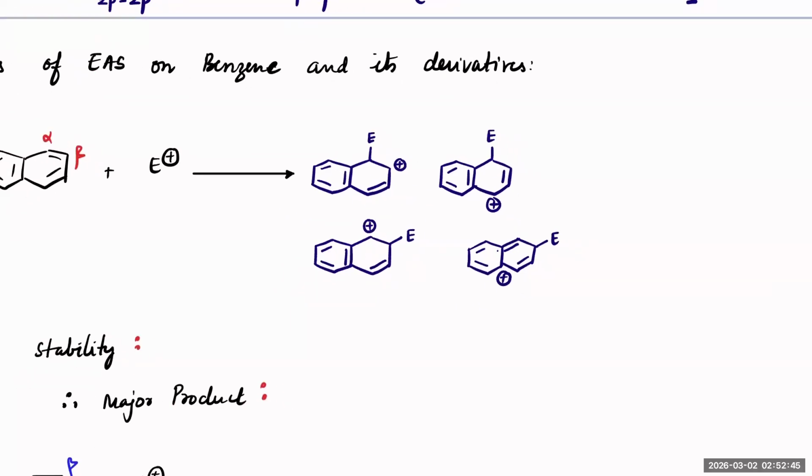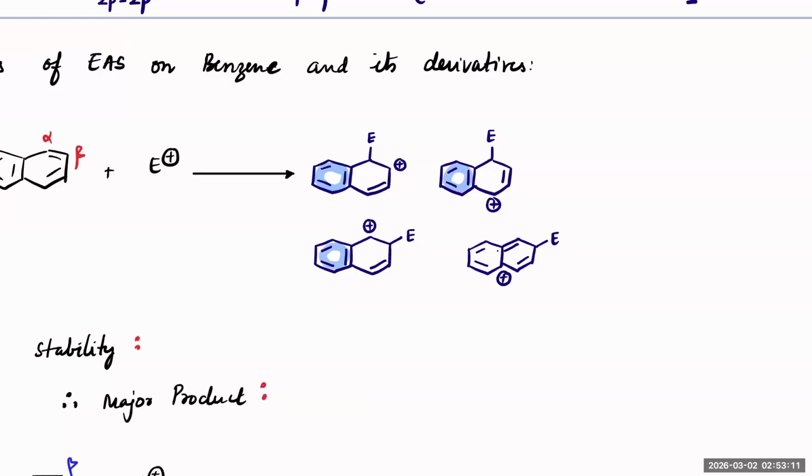Now, the problem here is that in the first two cases, of course, I can write more resonating structures, but I'm not writing them. It's not required. In these two cases versus these two cases, if you compare, you notice the left side of the ring is still aromatic, and here this side of the ring is also aromatic.